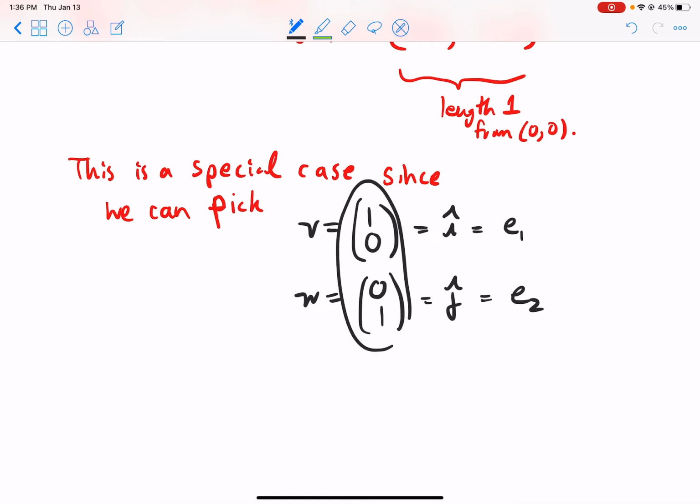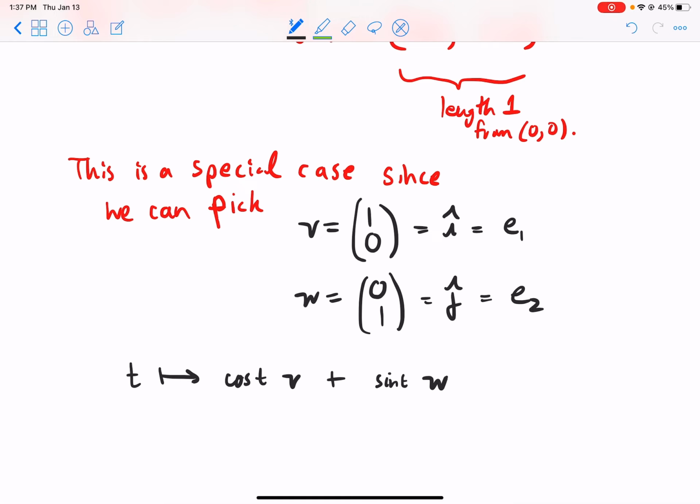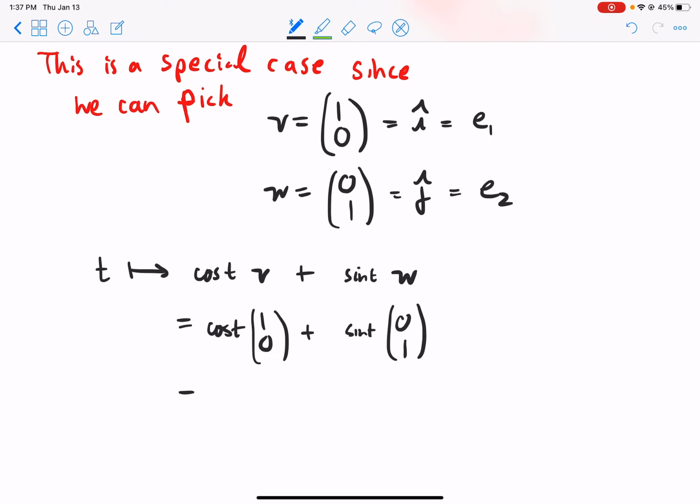These are very simple vectors. Then our formula becomes t goes to cos t times V plus sine t times W, which is cos t times (1, 0) plus sine t times the vector (0, 1). Now I can linearly combine these, and I get 1 times cos t plus 0 times sine t.